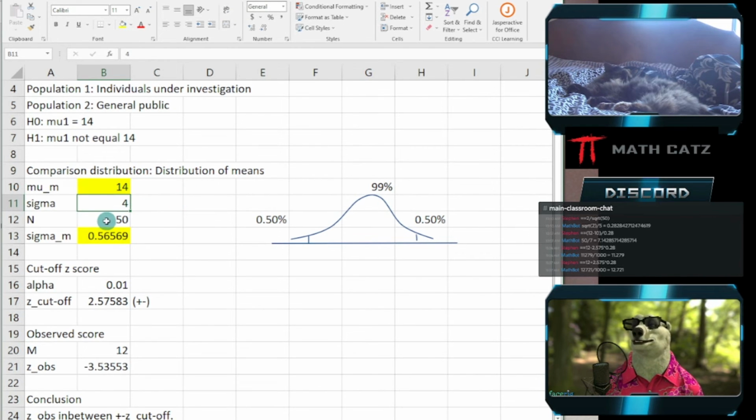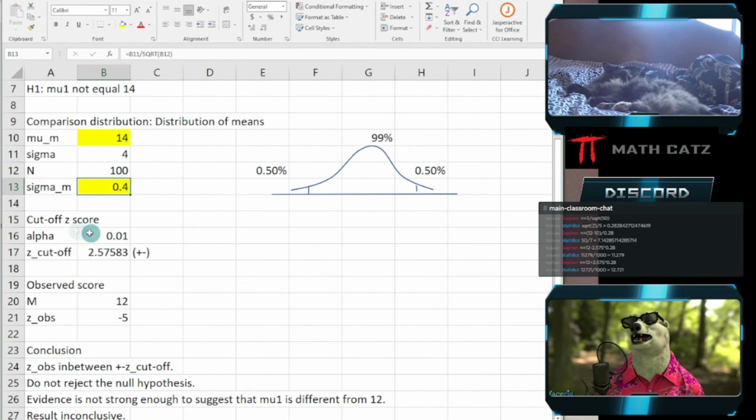Sigma is still 4. Now we have 100 sample size, and you see our standard deviation of the distribution of means, our comparison distribution, updates accordingly because we had the formulas built in. So we didn't have to actually recalculate it. We just changed the input.